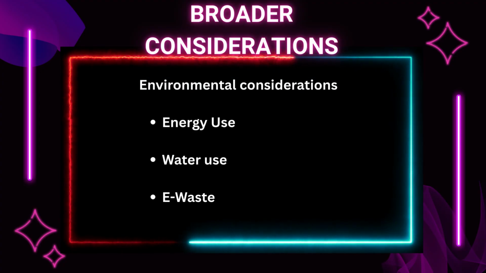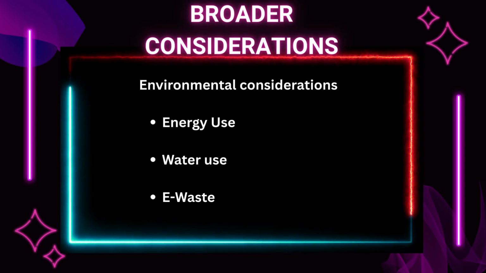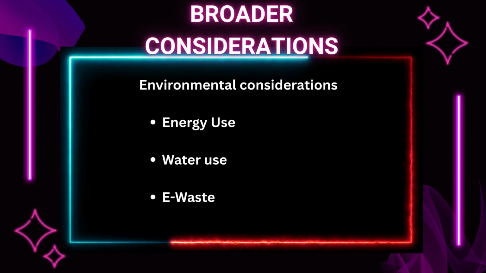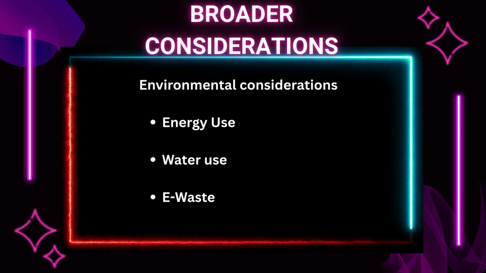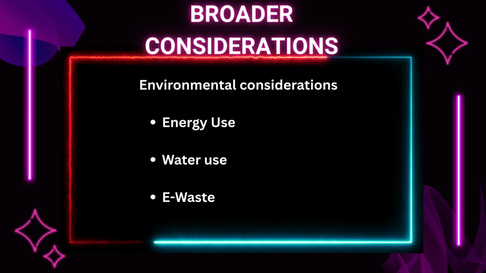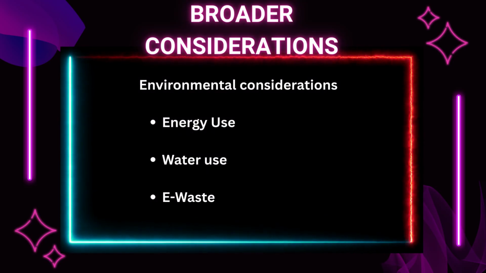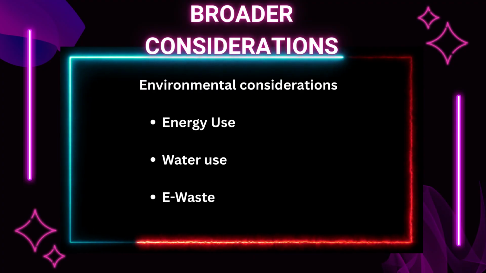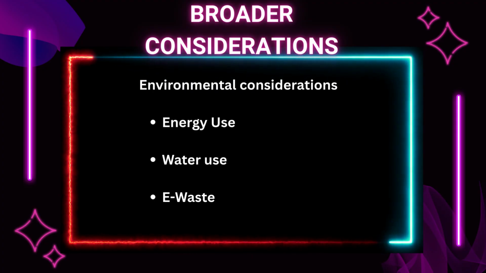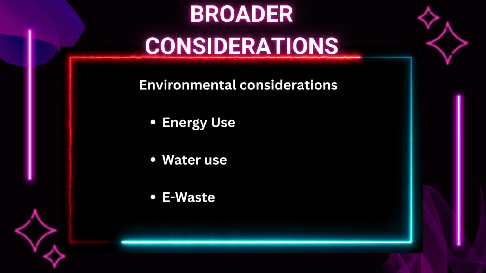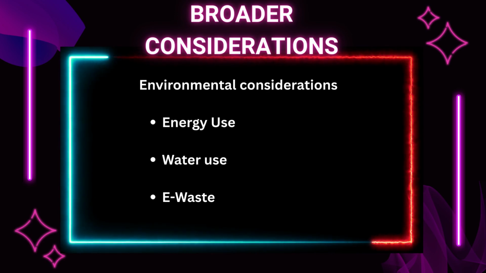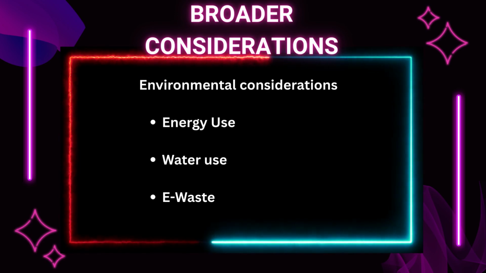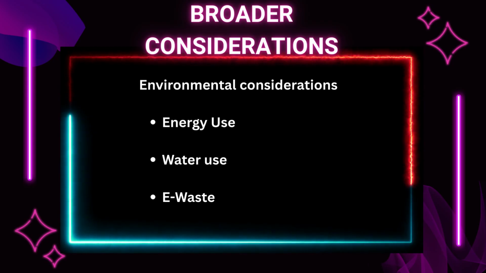E-waste is when data centers upgrade equipment and get rid of their old hardware, which becomes e-waste, and a lot of times there is no way to properly recycle these items, which means all of this goes into our landfills. So what does this mean for families and schools? Using AI responsibly helps reduce unnecessary energy use.